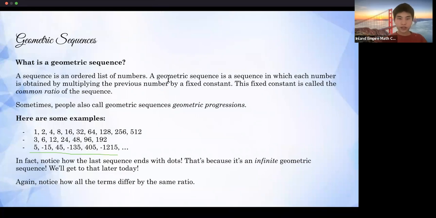So 5 times negative 3 equals negative 15. Negative 15 times negative 3 equals 45, and so on. That is, in fact, correct.